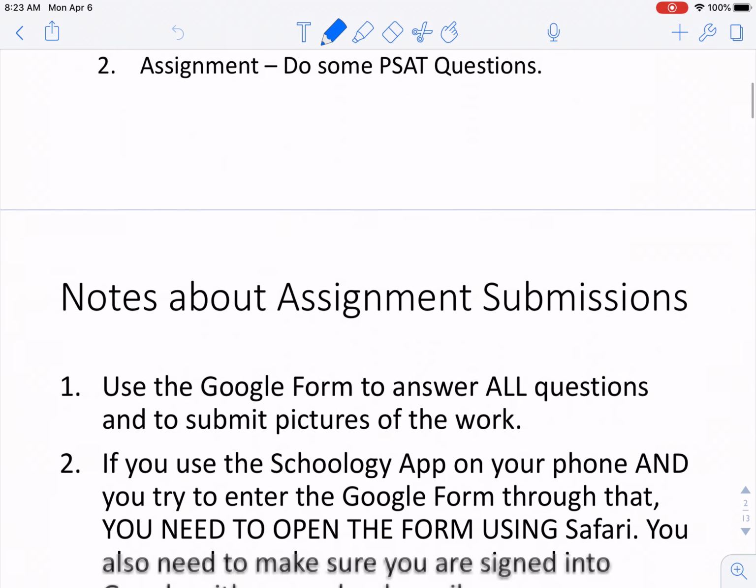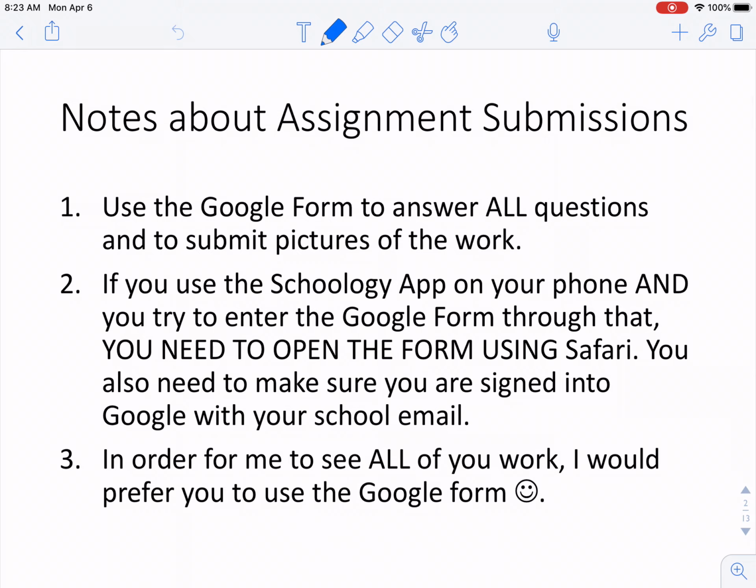So, assignment submission, because I got quite a few questions last week, and I think we figured out a couple of little bugs. But I do want you to use the Google form to answer all questions. It's not just submit pictures of your work, but I do want you to submit pictures of the work that you're doing into the Google form.